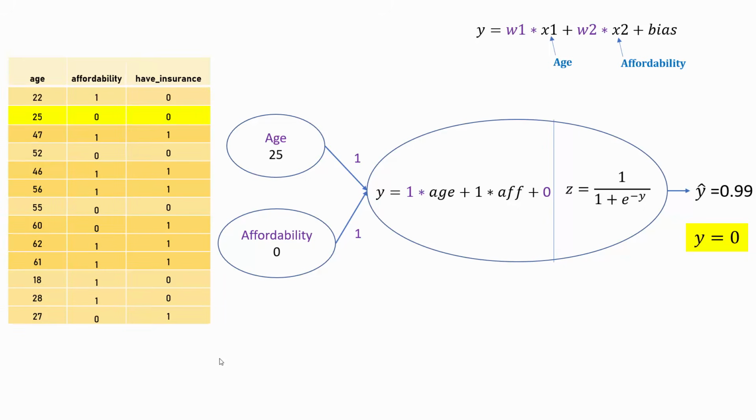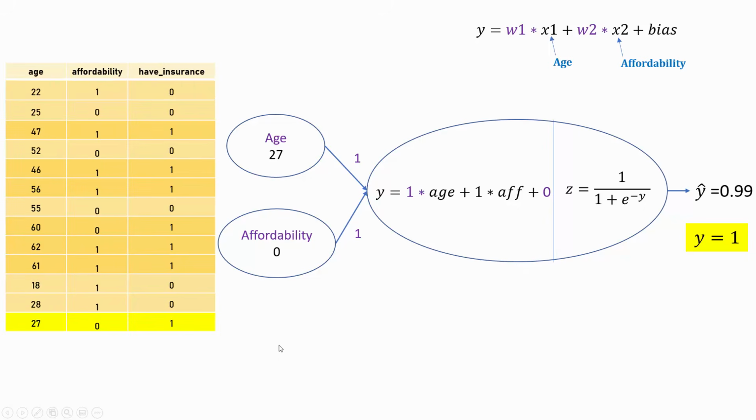You will repeat the same process for your second sample, which is 25 as age, 0 as affordability. Again, you find out y hat and y and calculate the second error. Here y hat seems to be the same as the first sample, which is 0.99, but that's okay. You go through all the samples until the last sample, which is the 13th sample, where the age is 27, affordability is 0.